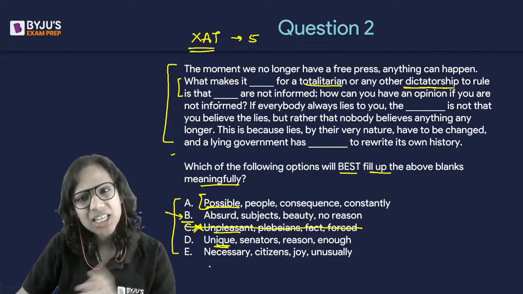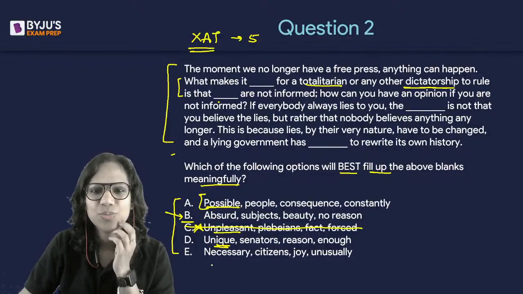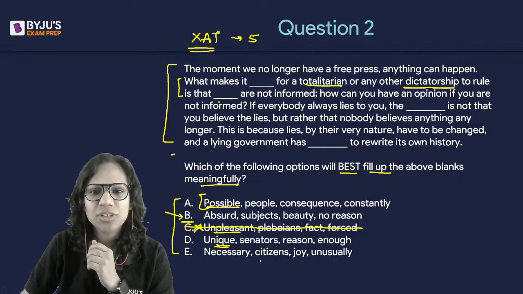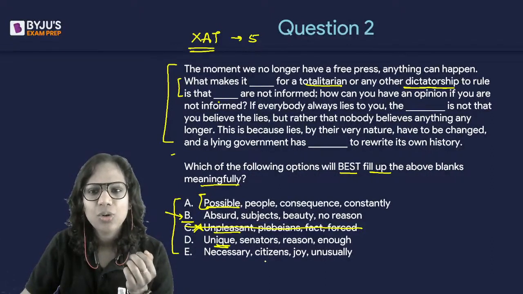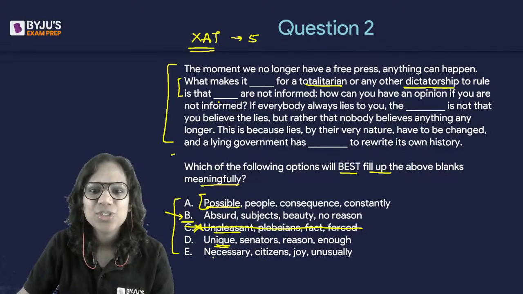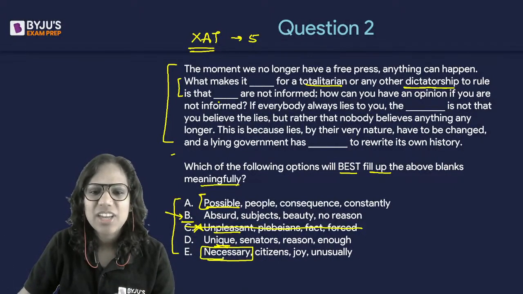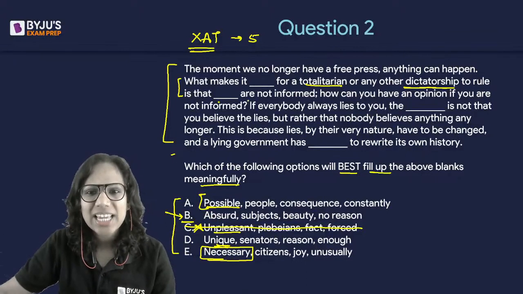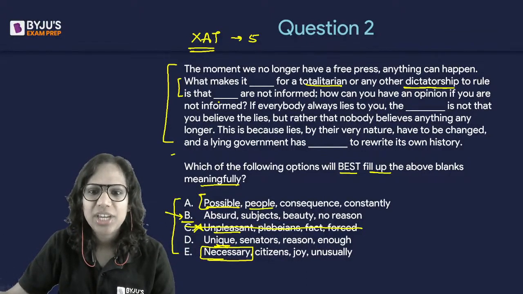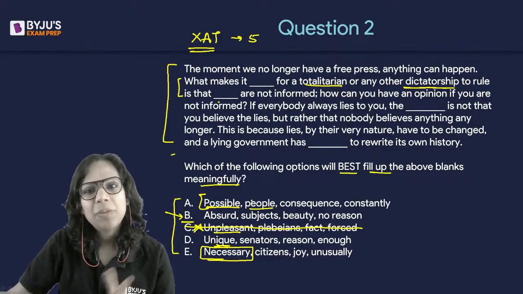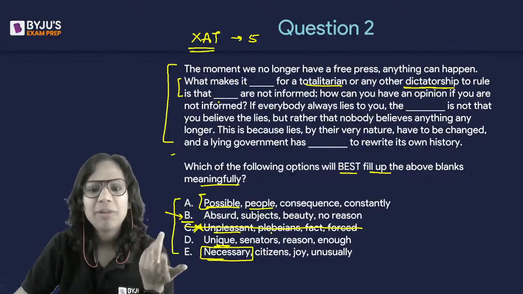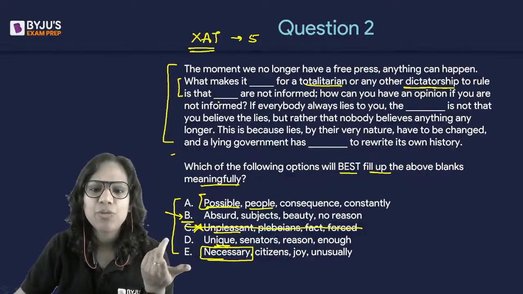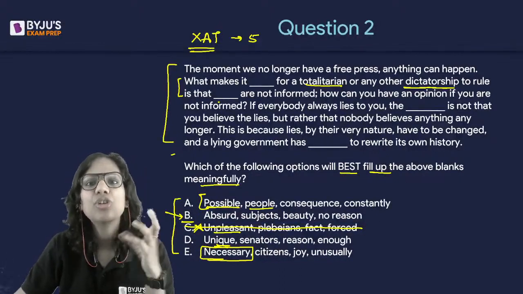What makes it necessary for a dictatorship to rule is that citizens are not informed. When citizens are not informed, does dictatorship become necessary, or does making them aware become necessary? Right? So again, this is very contentious. Let's go to the second blank. People, subjects, plebeians. Okay, so people make sense. Subjects are also the people whom you rule, so this also makes sense. Plebeians, I have rejected. I mean, I have already rejected C, but even plebeians mean your common citizens.